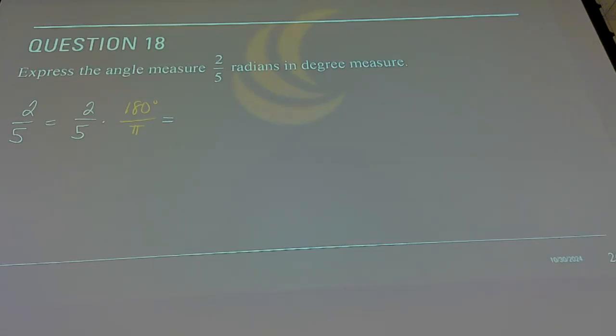That's 72 over pi degrees. Next, 4/3 radians. 180 over 3 is 60, 60 times 4. That's 240 over pi degrees.